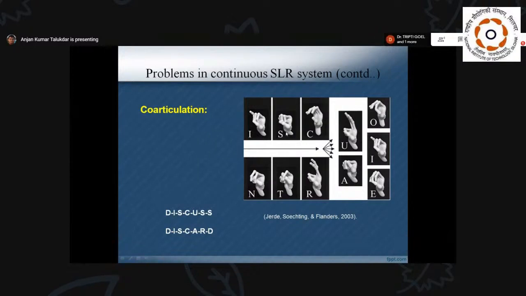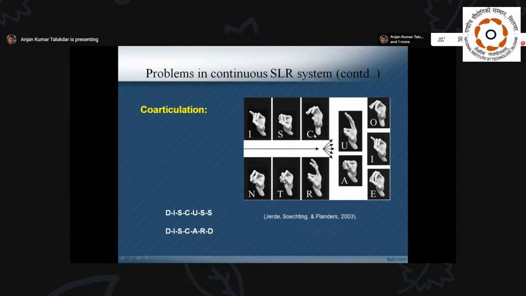The articulation or shape of the sign in the continuous case will be different from its isolated case, because of the effects of the previous sign as well as the next sign.